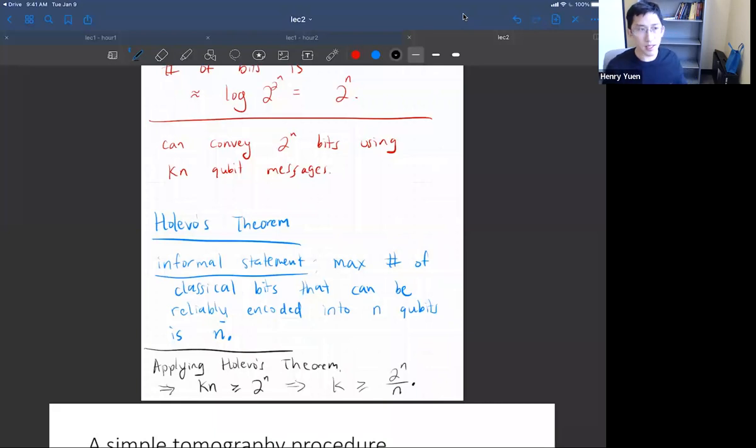The number of copies that Alice must have sent to Bob for him to decode this message must be exponential in little n. So to unroll everything back up, we were originally talking about tomography: how many copies of a quantum state do you need to get this classical description? You need an exponential number of copies.